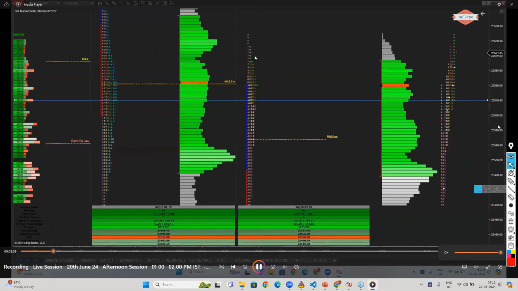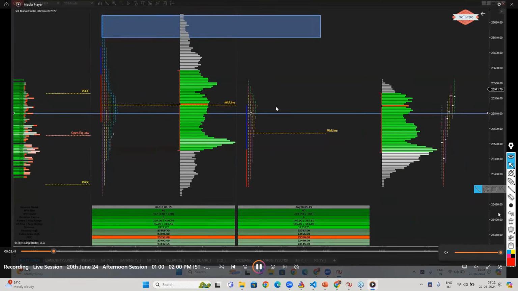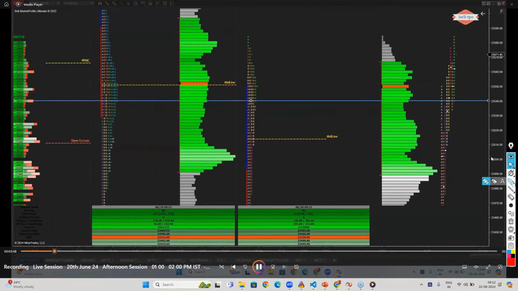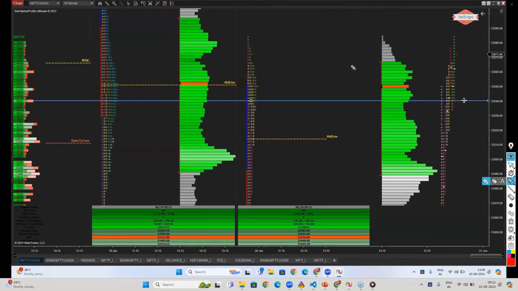This is one of the times where you can see that the price action is going outside the value area. This is one of the themes. Value area is a thing I'm sure you would have listened to in Dean's series on market profile. Here we are seeing price going outside the value area.